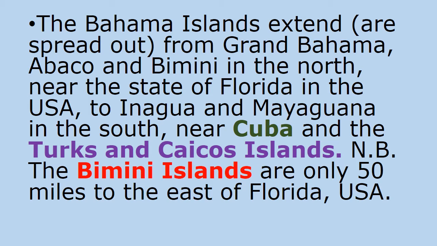So we have the Turks and Caicos Islands to the south, we have Cuba to the west, and we have the United States, Florida in particular, the state, to the north of us.